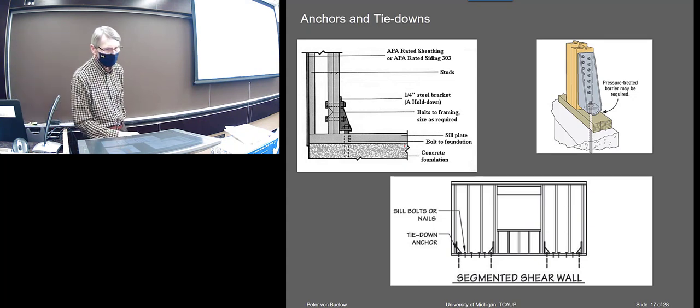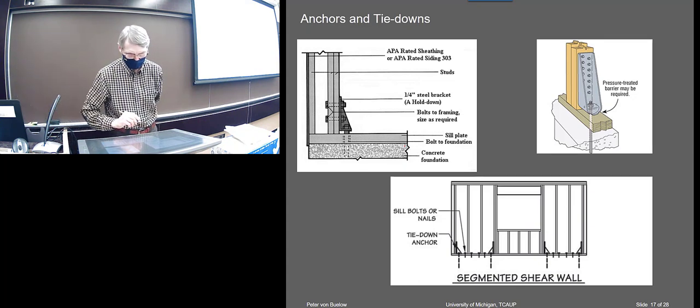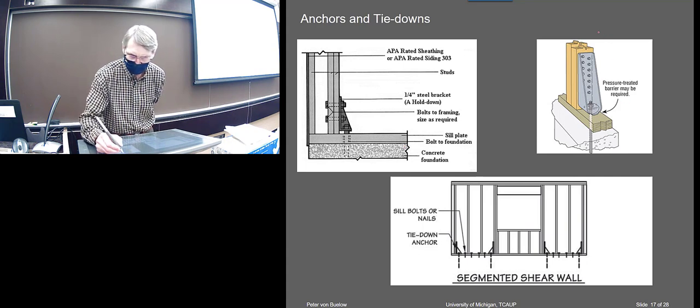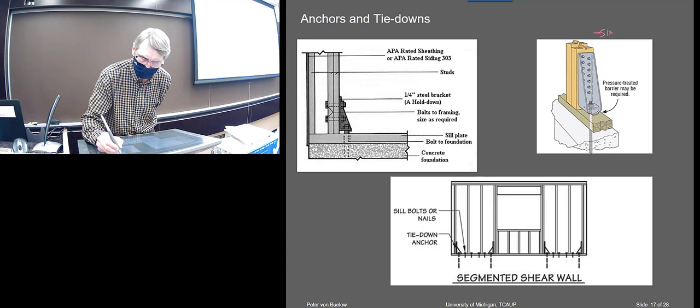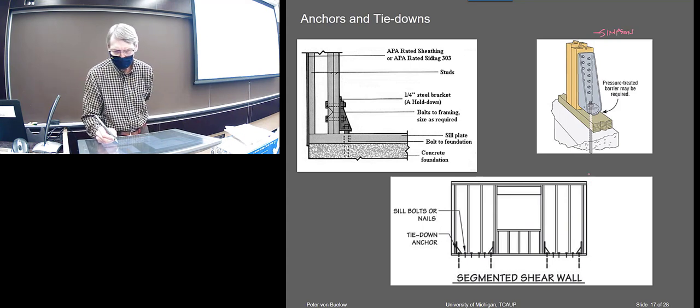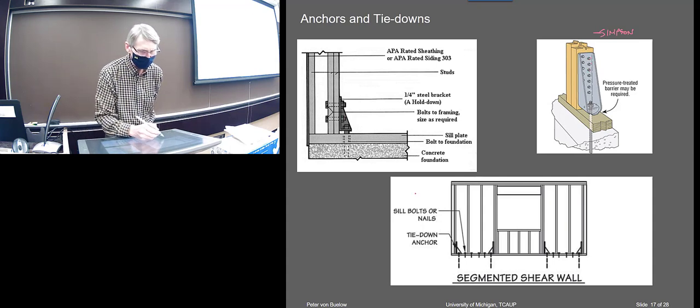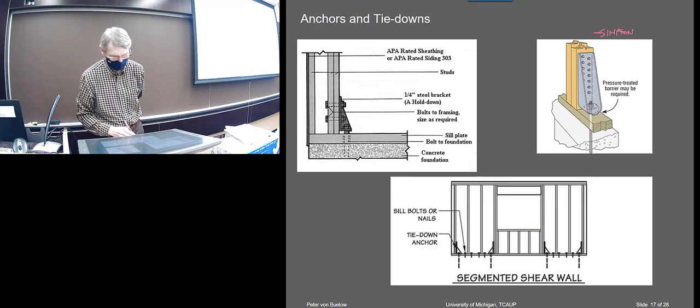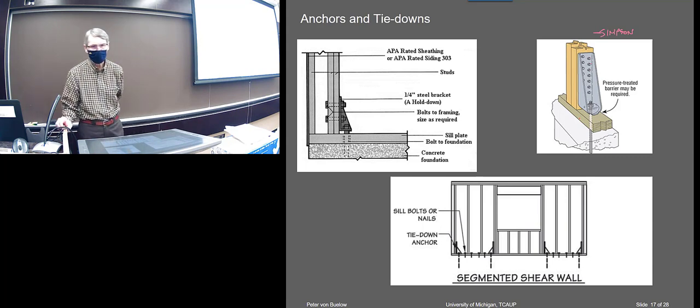Okay, and a little bit of details on the tie downs. This is what they actually look like. This is probably from Simpson, I would bet. They have a lot of attachment, not just a couple of bolts usually, but a whole series of screws that go up.